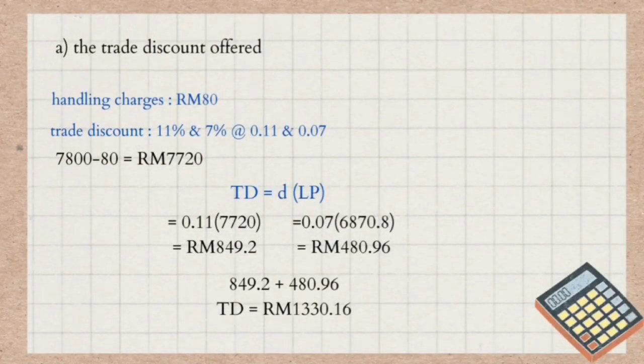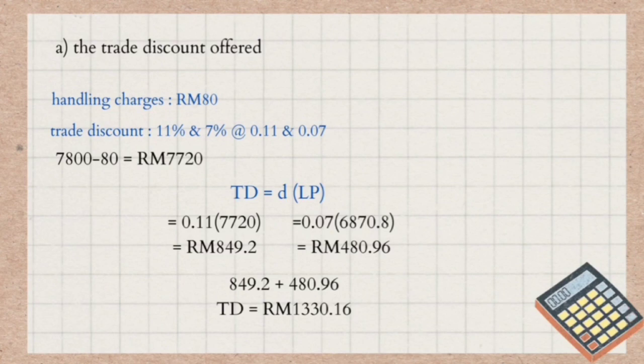First, we need to find the trade discount offered. We know the handling charge is 18 ringgit, and the trade discounts given are 11% and 7%, which is 0.11 and 0.07. The handling charge is not a discount item. So 7,800 minus 18 equals RM 7,782. The formula is trade discount equals rate times list price.